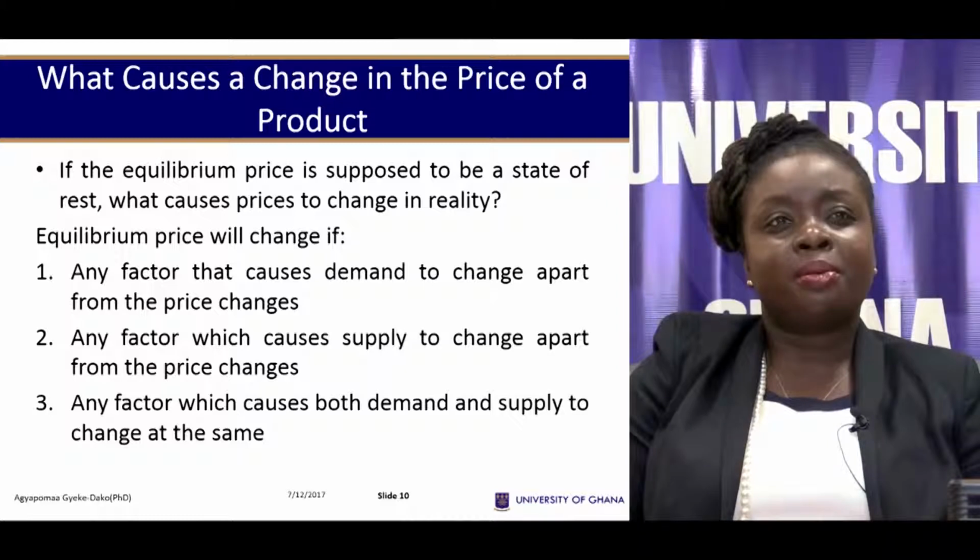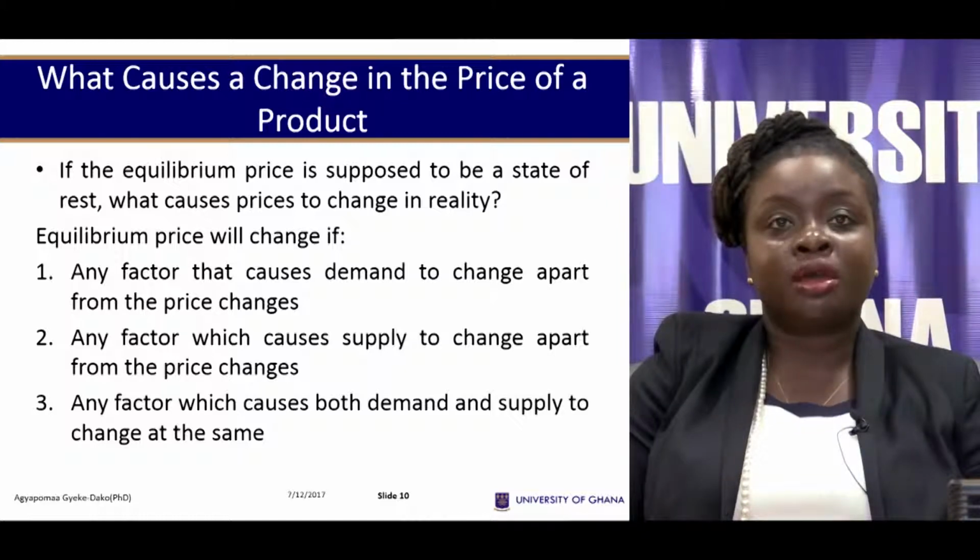So we talk about price of related products, we talk about the income of the consumer, we talk about the market size. Any other factor apart from the own price of the product that would cause demand to change would actually cause the price to change.